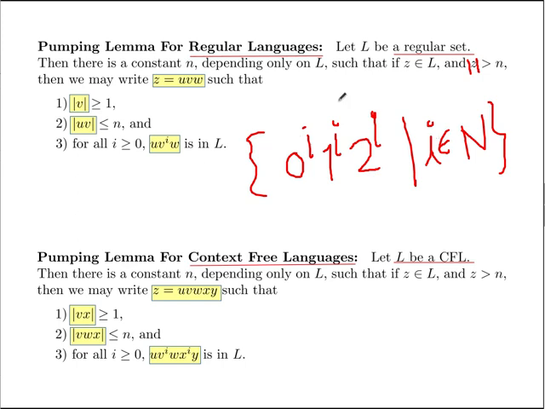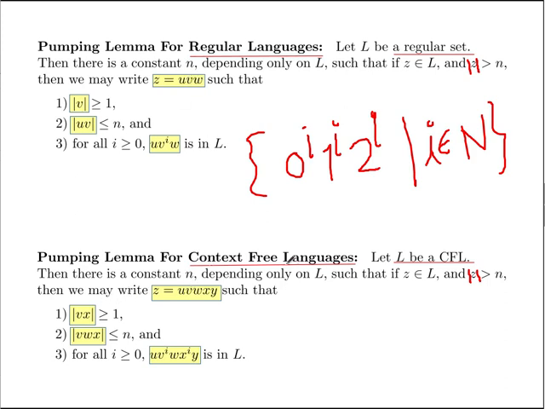Now the pumping lemma for context-free languages says that if a language is a CFL, so just mark the difference, then there is a constant n like before, depending only on L, such that if I take any string z in L whose length is greater than n, then we can break this z into parts. Here the number of parts was 3, and we were pumping the middle part, right?